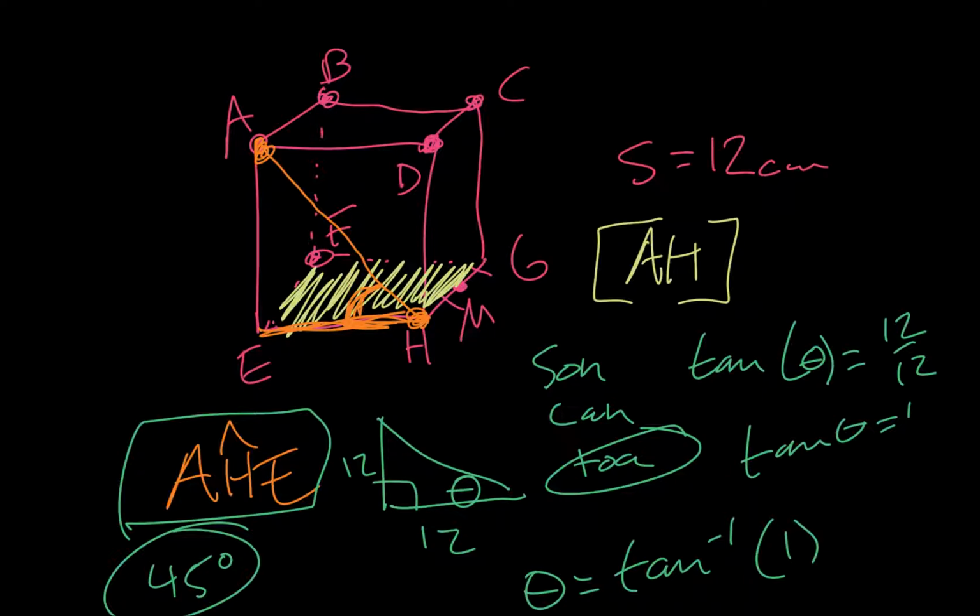Okay, same picture. This time we're trying to find BM. So we go from B to M, and if we do that, our projection angle is BMF, because we want to be on that plane.